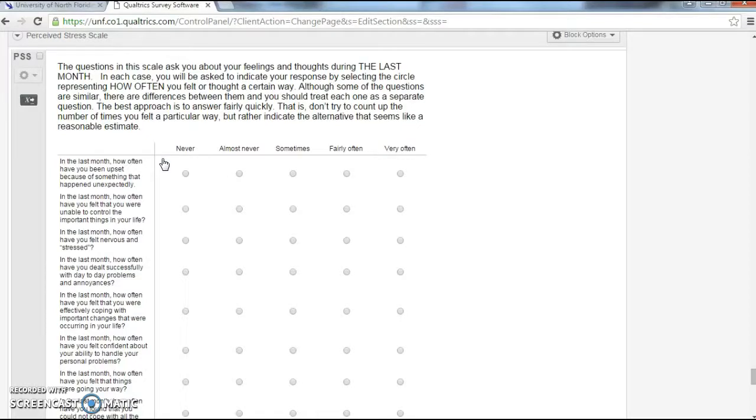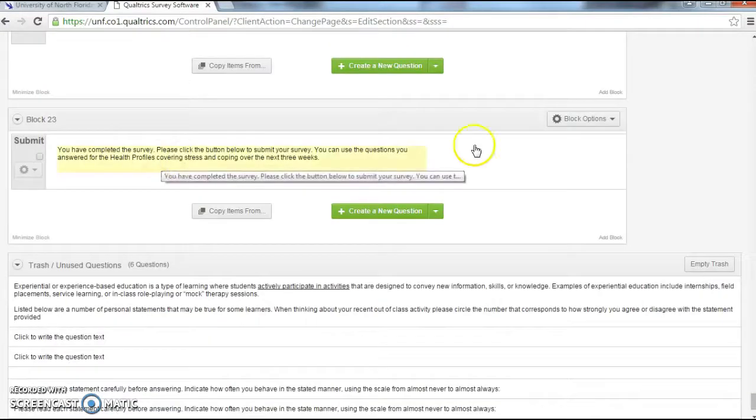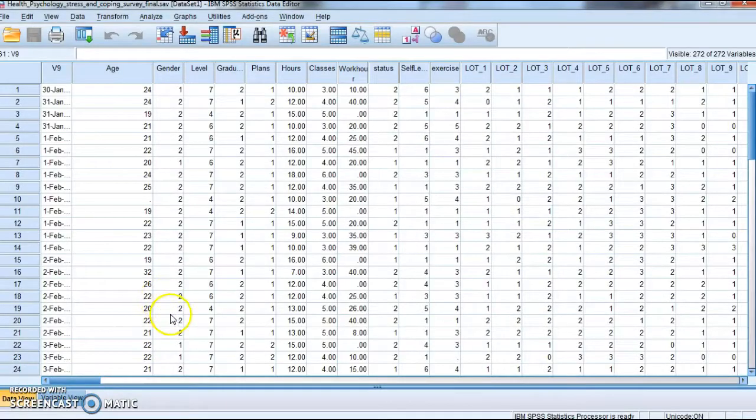If we always kept at the forefront how much we're going through, that would be really maladaptive and lead to poor mental health. So for many of us, you are used to juggling lots of things, but maybe not perceiving all that you're accomplishing. So this is what our Qualtrics survey looked like, and let's go back to SPSS.